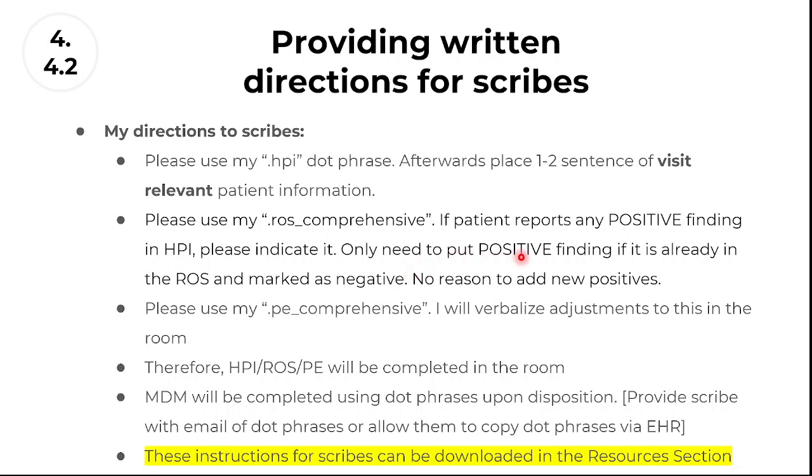I say please only put the positive finding if it is already in the ROS and marked as negative. No reason to add new positives. Use my PE comprehensive. That's my physical exam. These will be completed in the room. And the MDM we will complete. We will guide them through it, and we will get it done very efficiently. These instructions for the scribes can be downloaded in the resources section.